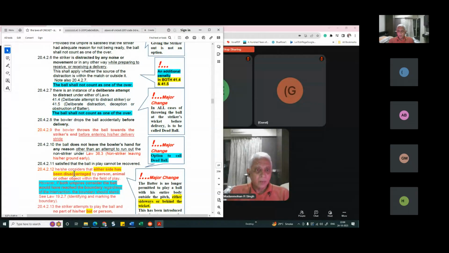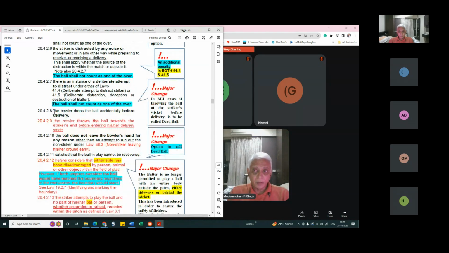Like it is given in law 17, this is one of the instances of unfair play, these are 2 of them, 41.4 and 41.5, where the ball will not count in the over. Again, we are instructed to call dead ball immediately in both these cases. When we do read the law, we will see what happens.